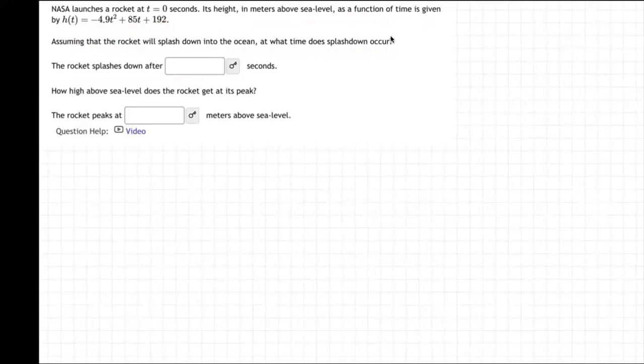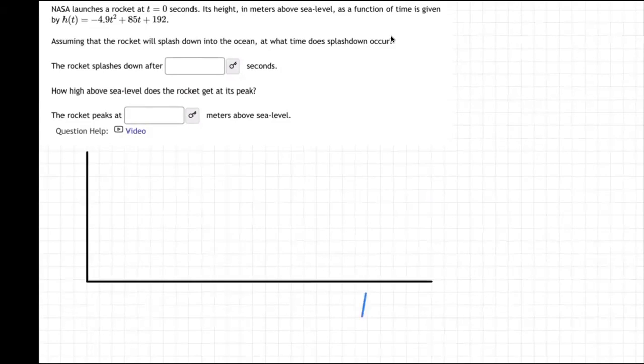It might be helpful to have just a little bit of a graph. You don't really have to do that. Okay, so NASA's launch.